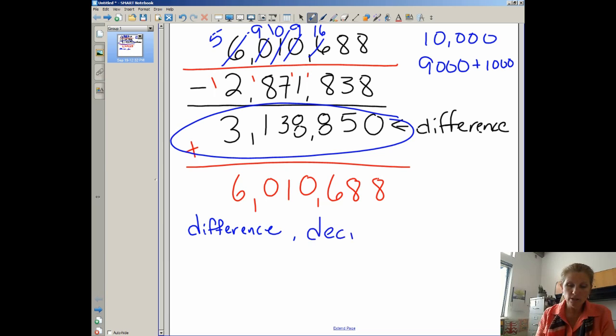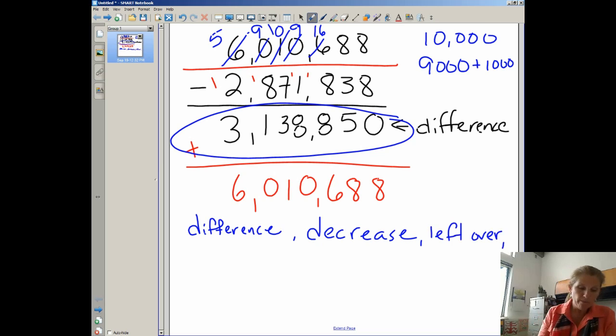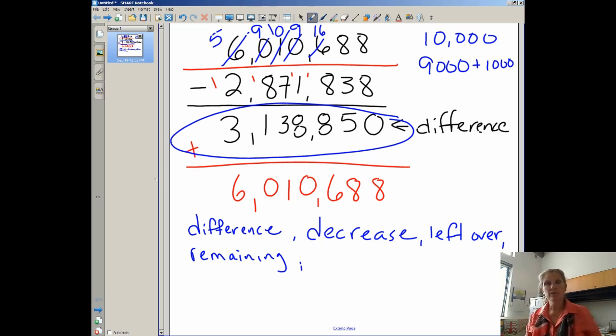If they say decrease, then that's a subtraction problem. If they ask what's left over or remaining, like there was 75 feet of rope, somebody cut 30 feet off, how much is remaining, or what's left over after they did that, those are all subtraction words.